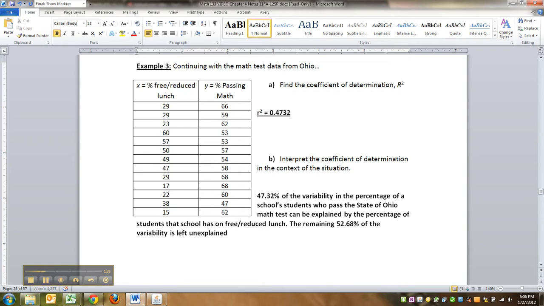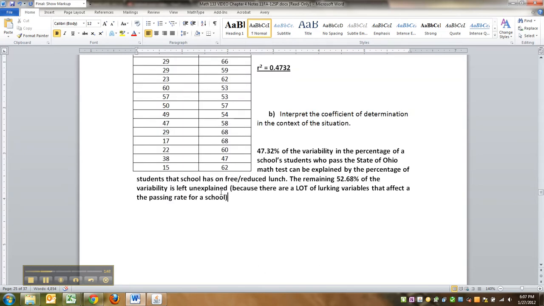And of course, because there are a lot of lurking variables that affect the passing rate for a school, right?